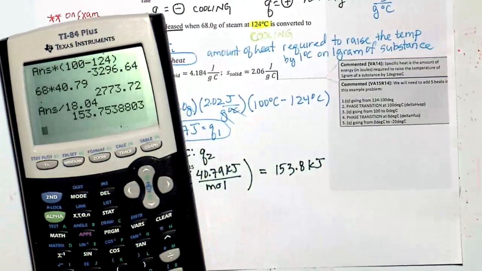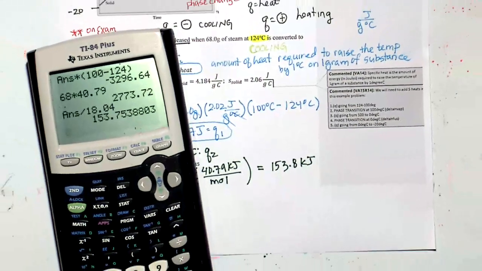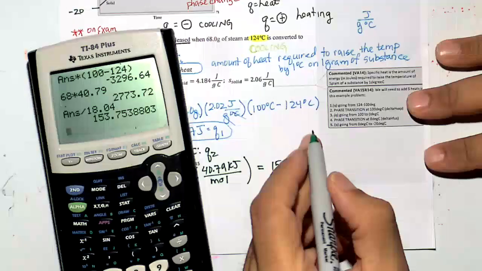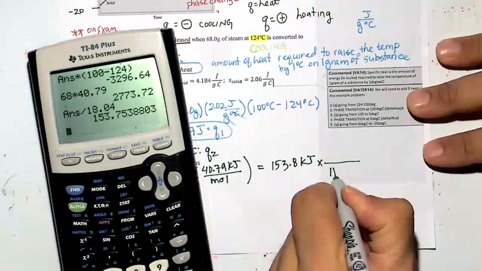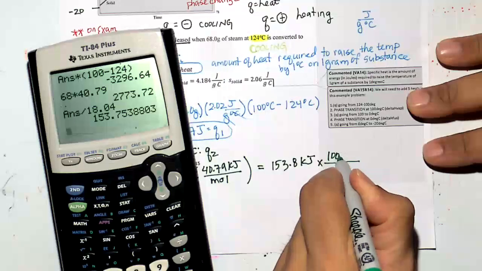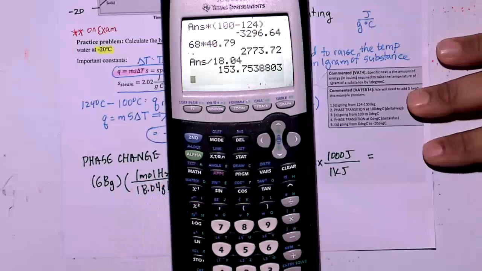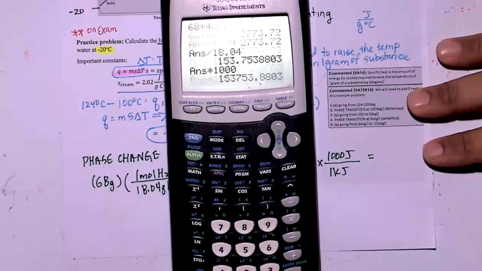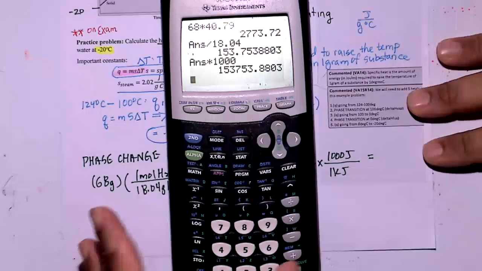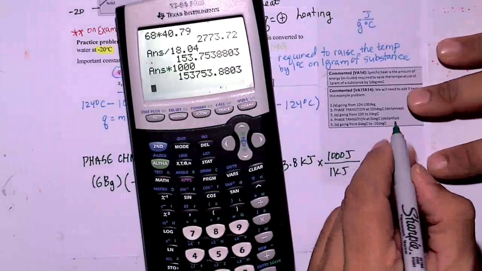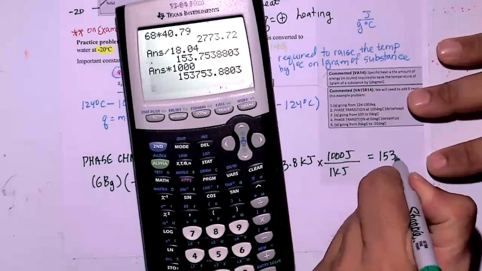Because the other quantity is in joules, I'll go ahead and convert this to joules as well, or you can keep it at kilojoules. 1 kilojoule is 1,000 joules, so that makes it about 153,754 joules.